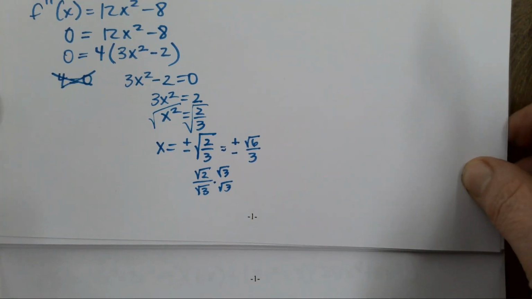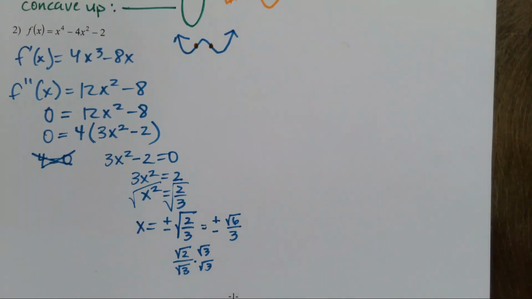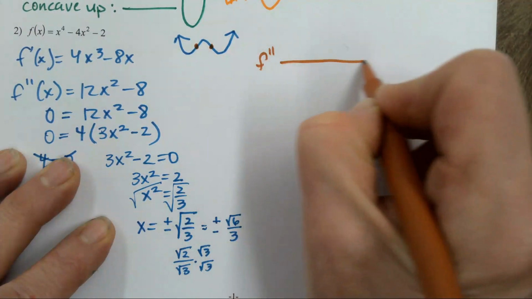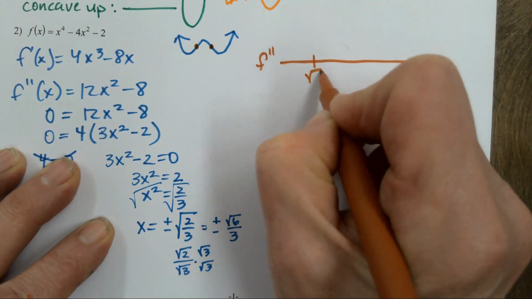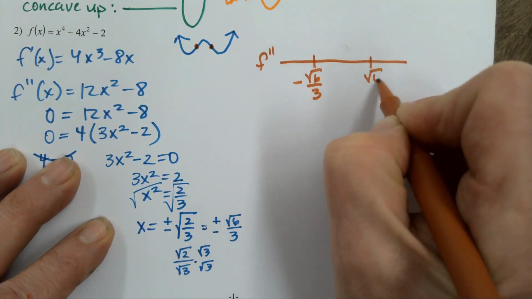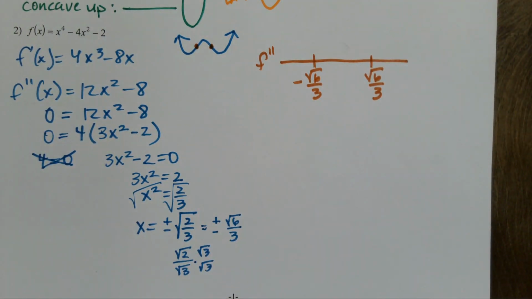I'm just going to jump into my little table, and I'm going to make my f double prime chart. And the negative square root of 6 over 3 is here, and the positive square root of 6 over 3 is here. And when I pick my values, I want to just pick places that I know are on the other side.